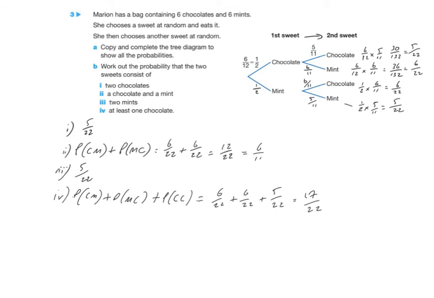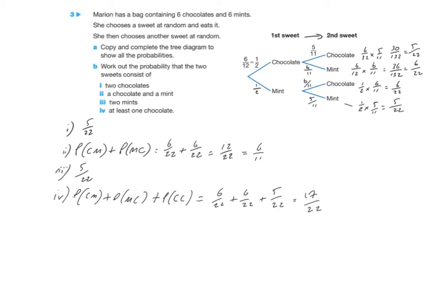They are dependent on the outcome of the previous situation. Okay, so yeah, this is not super easy, but also it's not super difficult. You just got to be really careful and make sure that you've got a really good tree diagram.